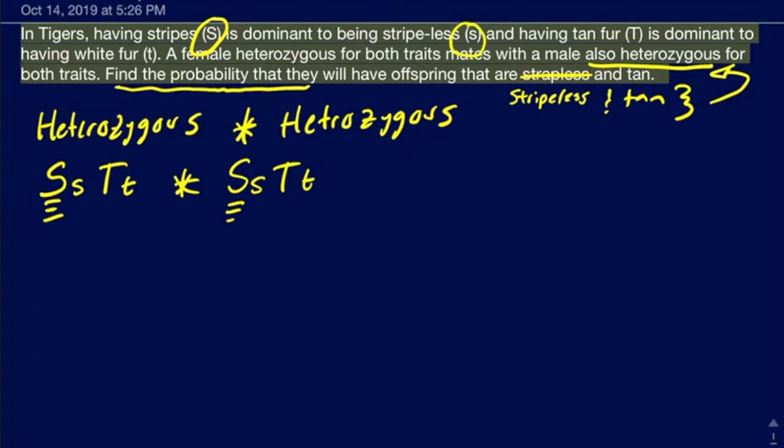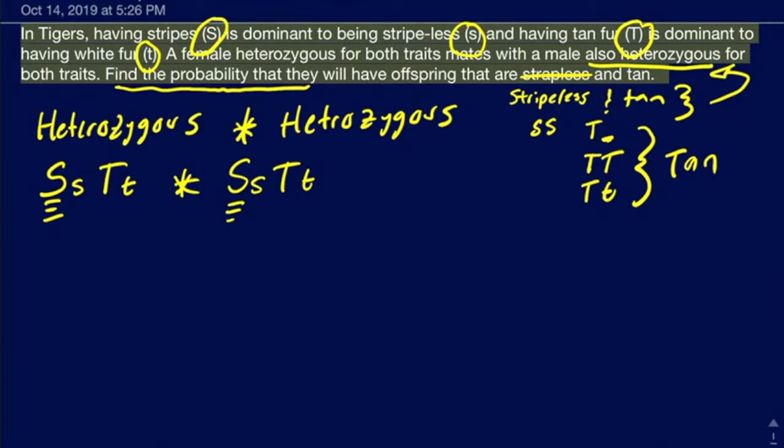So in order to express the stripeless phenotype, you would need to be homozygous recessive for the S gene. In other words, you need to be small s. For the tan gene, the tan phenotype is dominant and the white phenotype is recessive. So if we are looking for offspring that is tan, they just need a single copy of the T gene because T is dominant. So it doesn't matter what the second allele is. This can be big T, or it could be big T, little t. Both of those would give you a tan phenotype, which is what we're looking for.